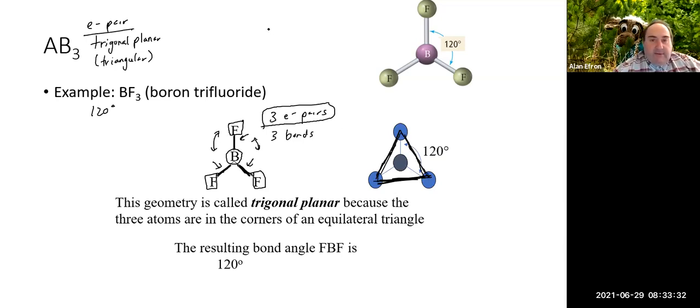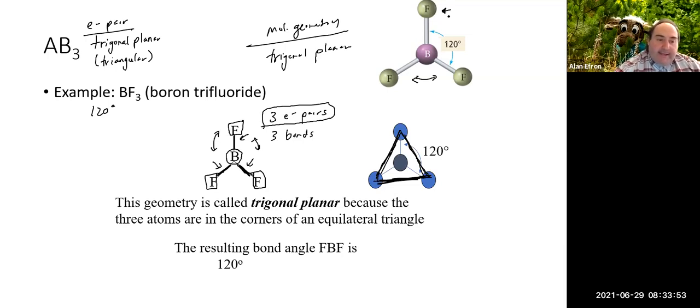And the molecular geometry name in this particular case is also going to be trigonal planar. So we get this bond angle. Again, these bonding guys, just like in linear, are going to try to get away from each other, but because of the presence of this third bond, they can't get 180 degrees away from each other.